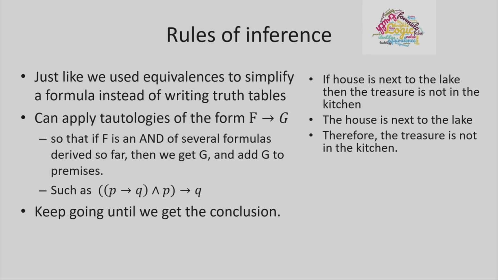And the way we get intermediate steps is something called rules of inference. Those are the rules based on those very simple tautologies which tell you that if you have your premises in a certain form, then you could derive things from them.